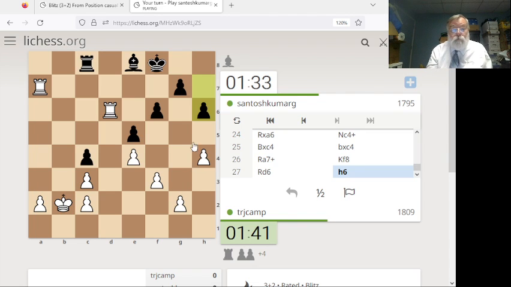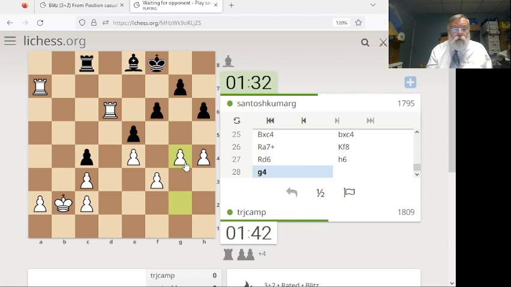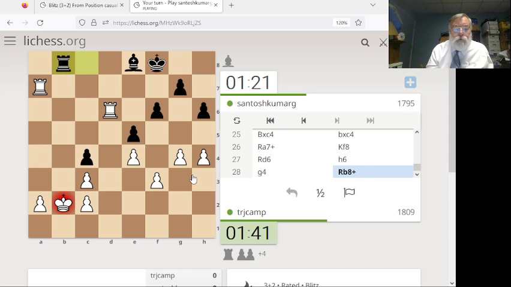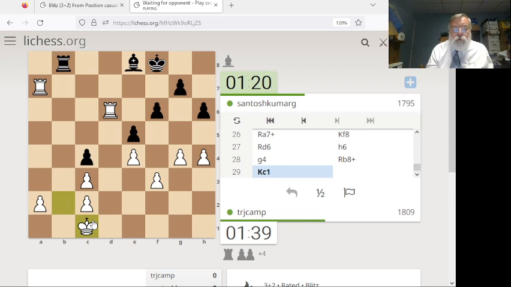Yeah. So I'm going to bring this pawn up. That may be overaggressive with the pawns, but I need to minimize move options for Santosh here. That's what we expected. I'm going to drop back. I think the rooks have that under control.